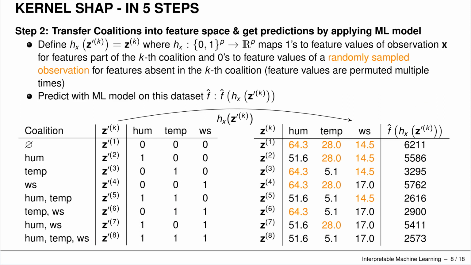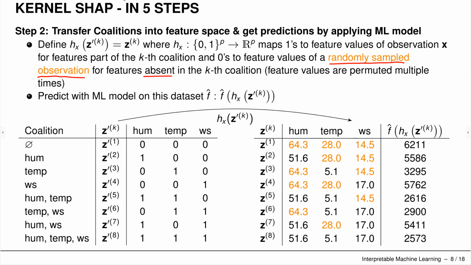We do a random sampling of observations, as with Shapley values. So for all features that are absent in the coalition, so that have a 0 in that row of the Z matrix, we take some values from a random observation.